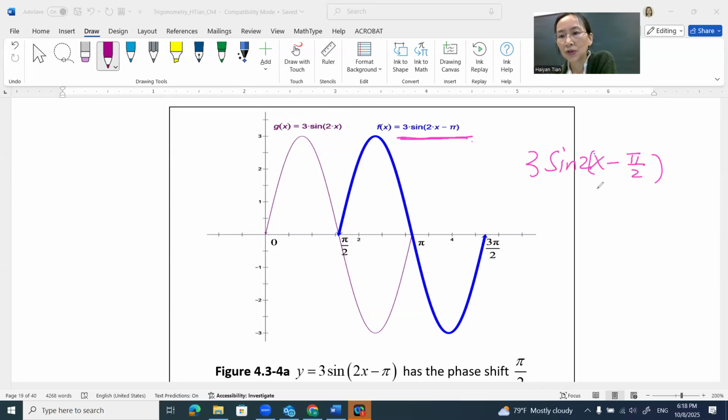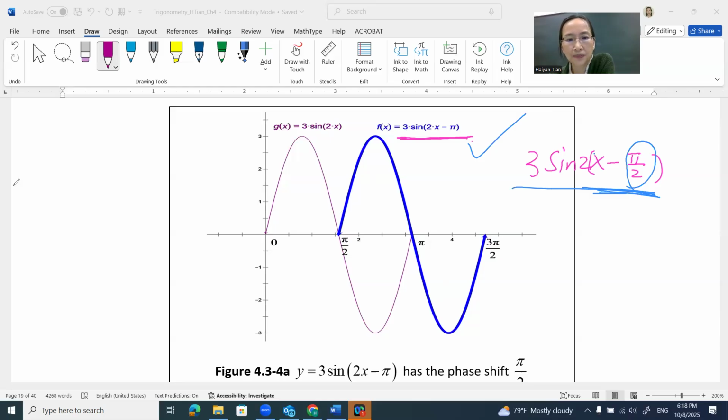That means using the purple sketch, if we shift that graph half of pi units to the right, we will be able to get this picture. So this is what we are doing. Just shift half of pi units.